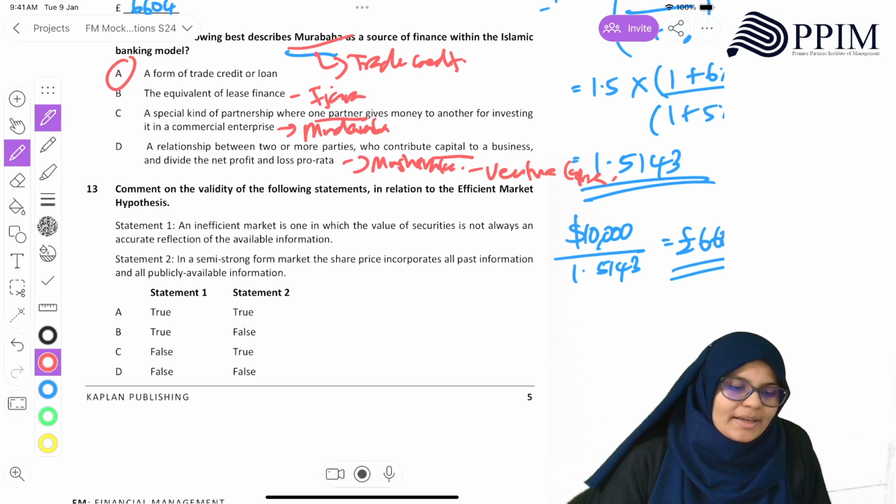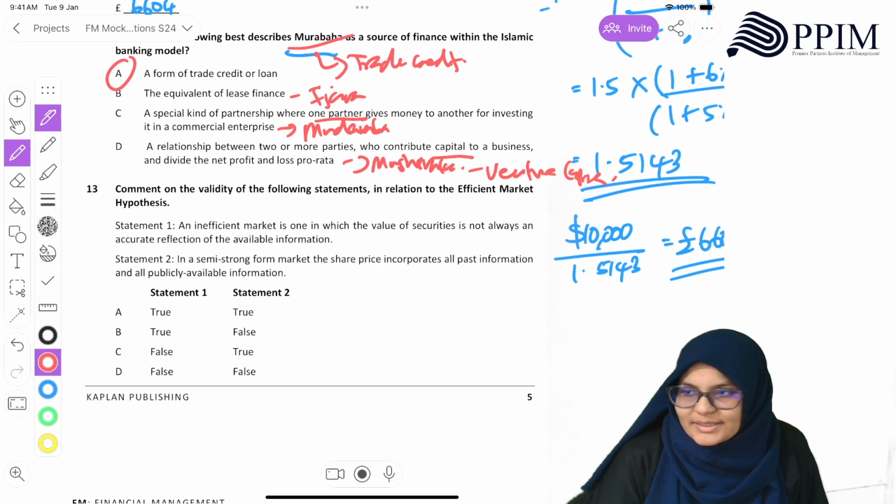Right, 13 is saying comment on the validity of the following statements in relation to the efficient market hypothesis. What do you think is the answer there?